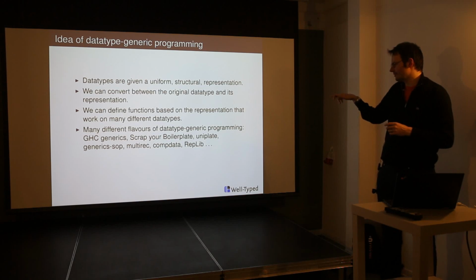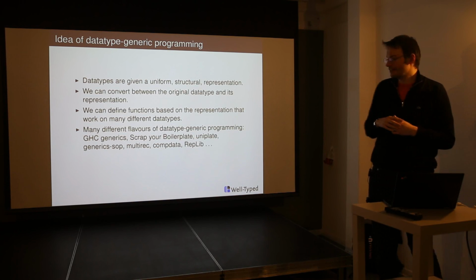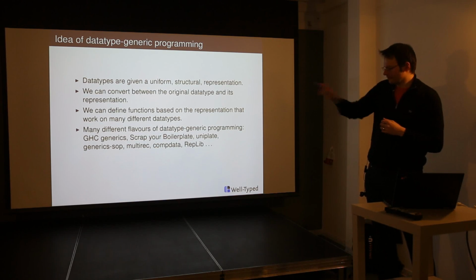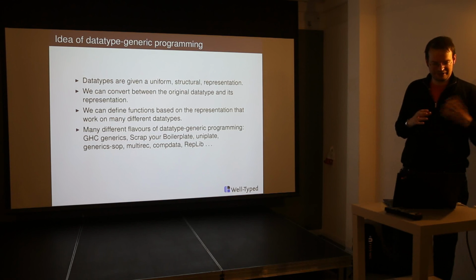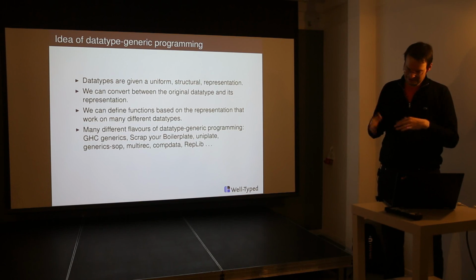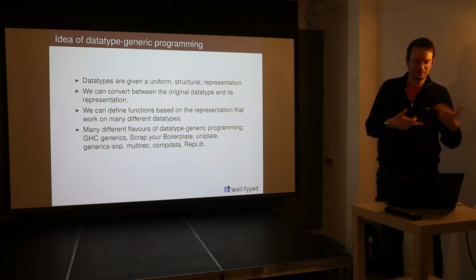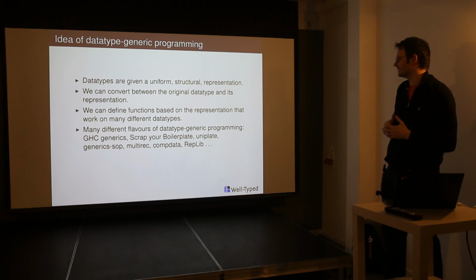And then most of the others rely on a little bit of Template Haskell. So Uniplate is a simpler form of scrap your boilerplate. Generics SOP is the one that I'm actually going to talk about for the rest of this talk. Multirec and compdata as well are more fancy approaches that help if you actually want to derive recursion schemes over systems of mutually recursive data types in some complicated way. And then there are more.